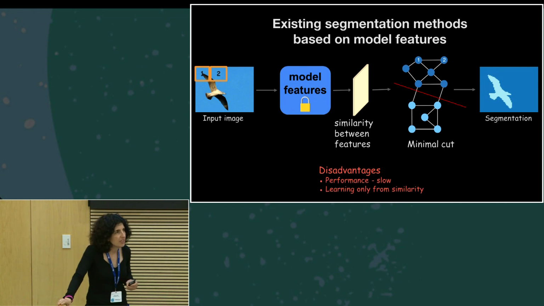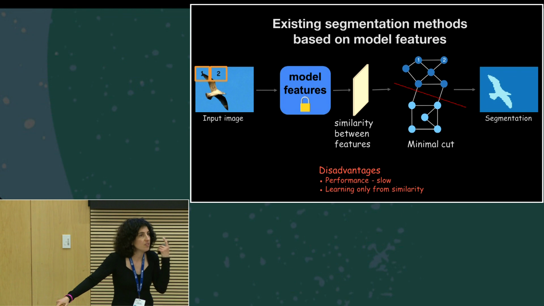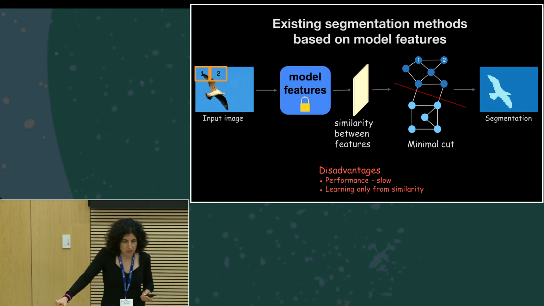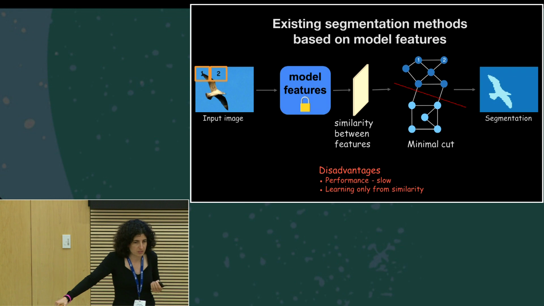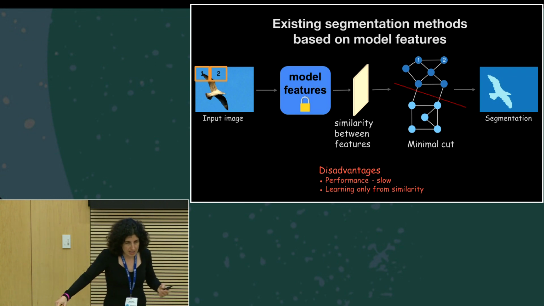We look at the disadvantages of current models. First, they have low performance. It takes like half a second for each image because we have some matrix multiplication here. And second, you learn only from one feature, the similarity between the patches, when we had the full information of the features.